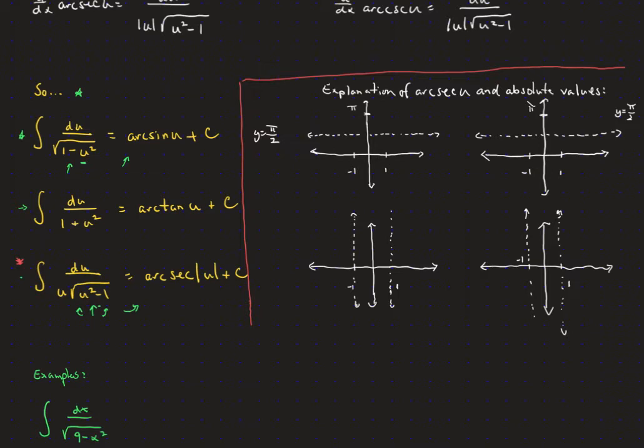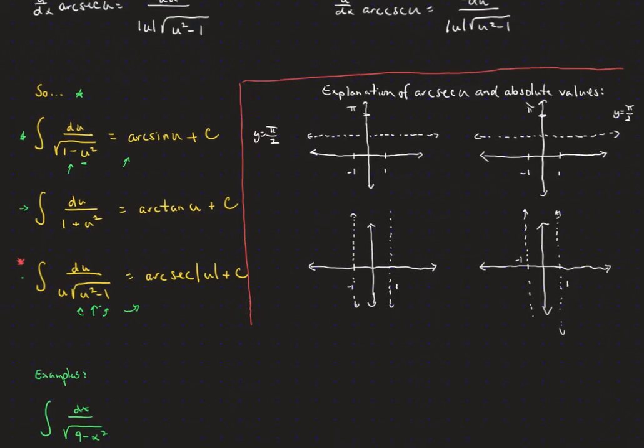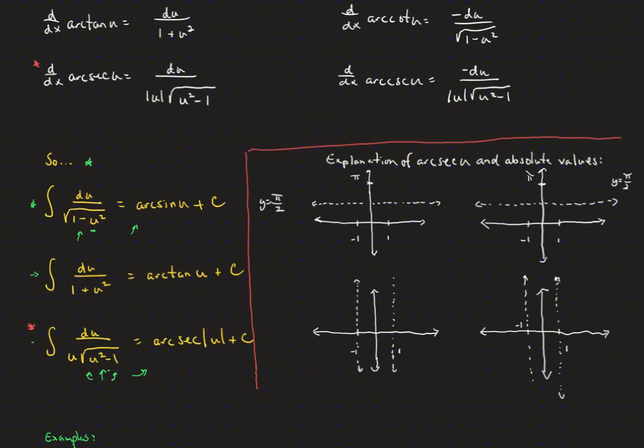But I want to talk a little bit about why, if we look at the arc secant and its integral and derivative for a moment, it can be a little confusing. And that's why I have it starred in red up here. So the derivative of an arc secant doesn't have an absolute value in the original, but it does have an absolute value in its derivative.